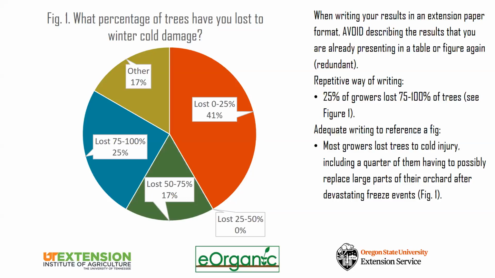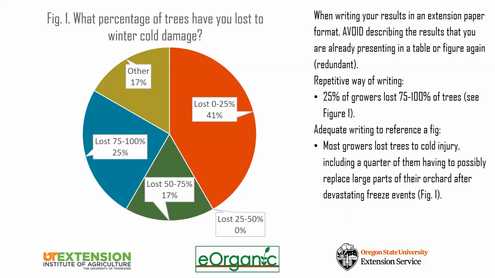If you look for a more adequate way of writing and referencing the figure, the grower is going to be able to reach your figure and make their own way of looking at what you have there, if your figure is clear. So a better statement would be: most growers lost trees during cold injury, including a quarter of them possibly having to replace larger parts of their orchard after devastating freezing events.